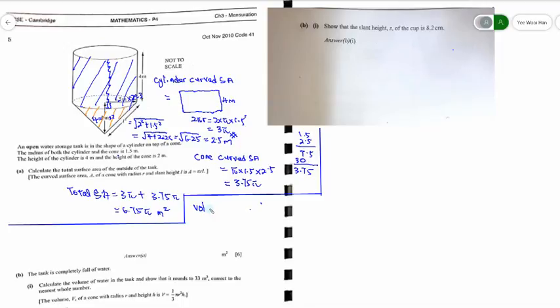If you fill it up, the volume of the cylinder is equal to pi r squared times the height. That's equal to pi times 1.5 squared, where the radius is 1.5, times the height, which is 4. That makes up 9 pi.